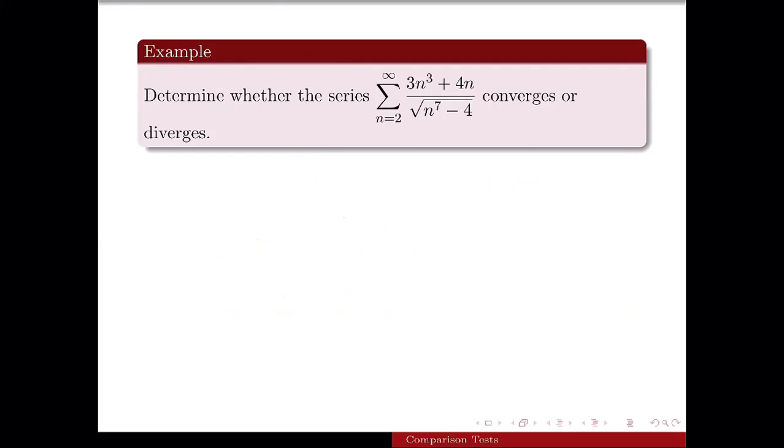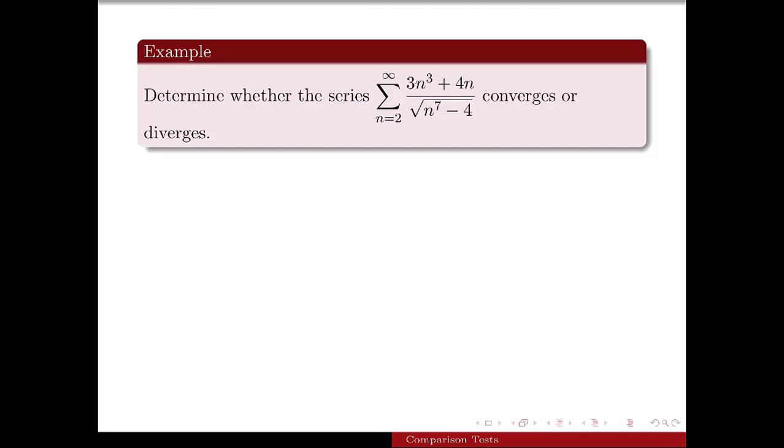Next example. Determine whether this series converges or diverges. So you have the series sum of 3n cubed plus 4n over square root of n to the 7 minus 4, starting from 2 to plus infinity. Now, listen.